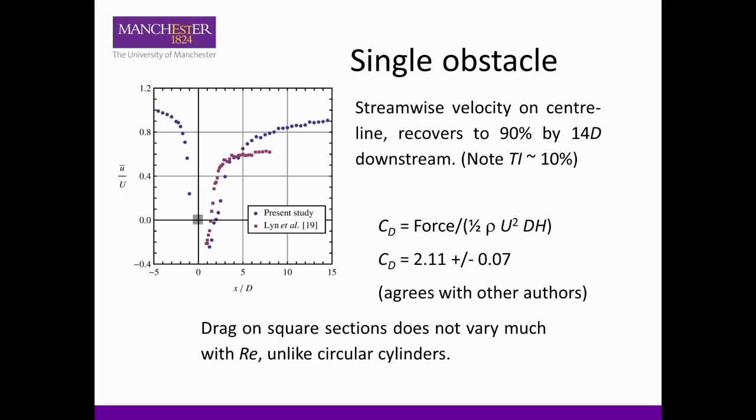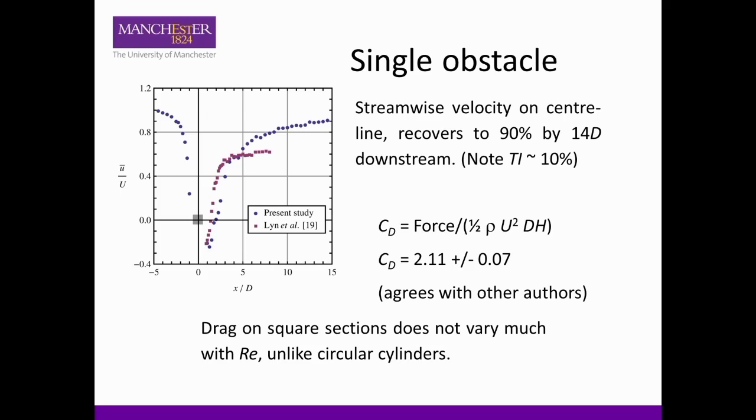The drag coefficient we measure is just the force divided by a half rho U squared times the area facing the flow. And for a single obstacle, we get 2.11, which is what everybody else gets for flow past square obstacles. The nice thing about square obstacles, as opposed to circular ones, is that the drag is pretty independent of Reynolds number. You know where the separation points are going to be.